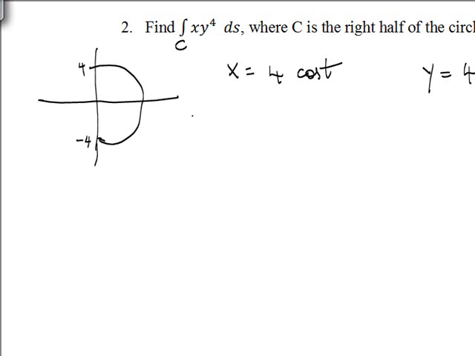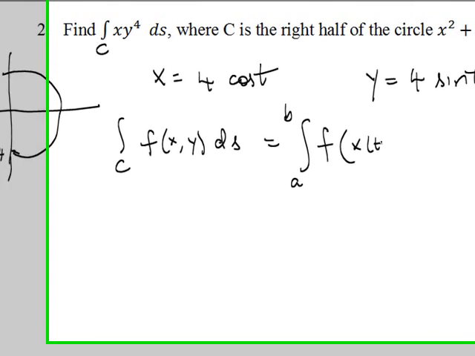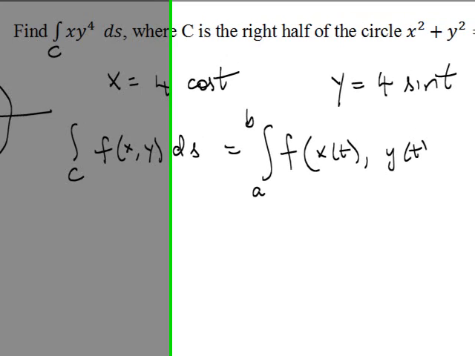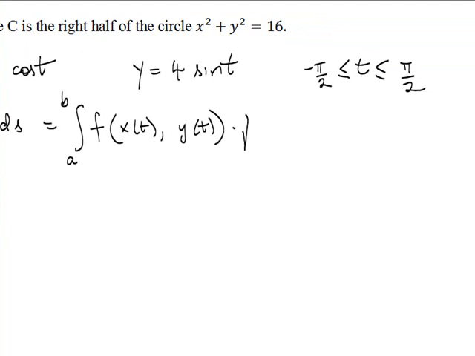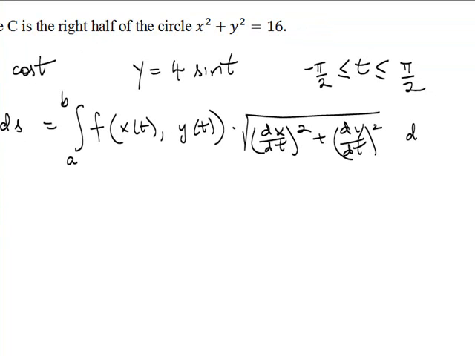The integral over c of f of x, y, there's no z, ds is equal to the integral, let's say from a to b, where you replace x with x of t, y with y of t, and multiply by the square root of (dx/dt) squared plus (dy/dt) squared dt. Okay, so I just wanted to write it again. Okay, so let's do this.